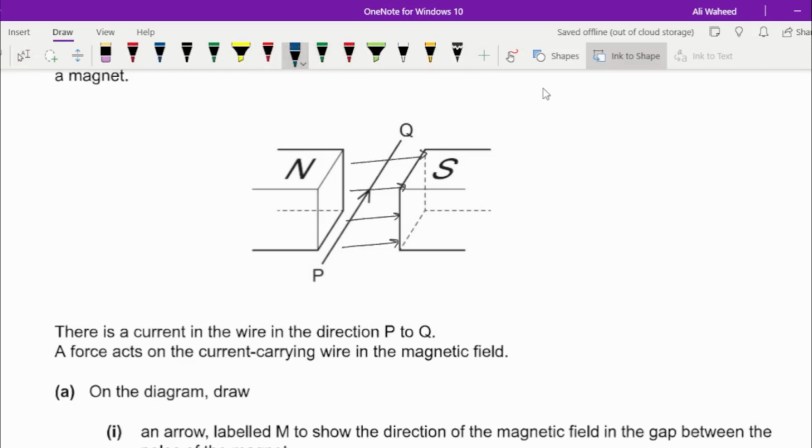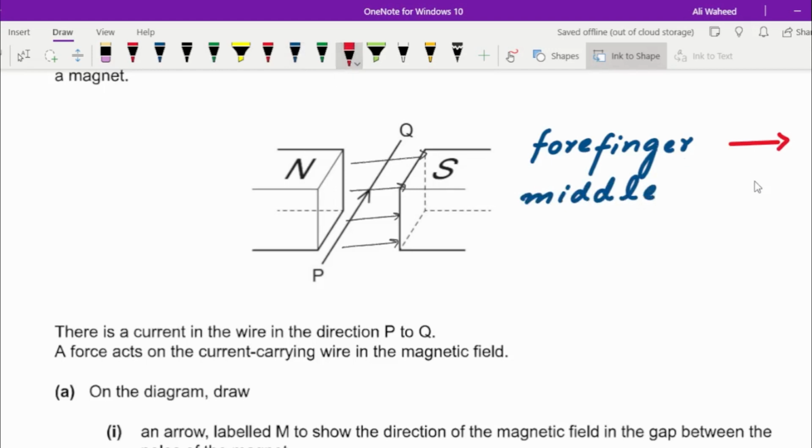What does the rule say? Your forefinger, or the index finger, should be in the direction of the magnetic field, which in this case has to be towards the right side. Your middle finger has to be in the direction of current, which in this case would be inward.